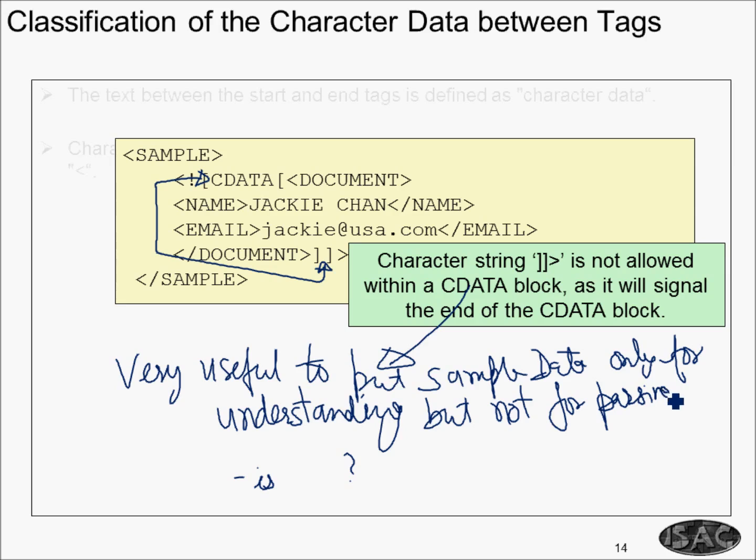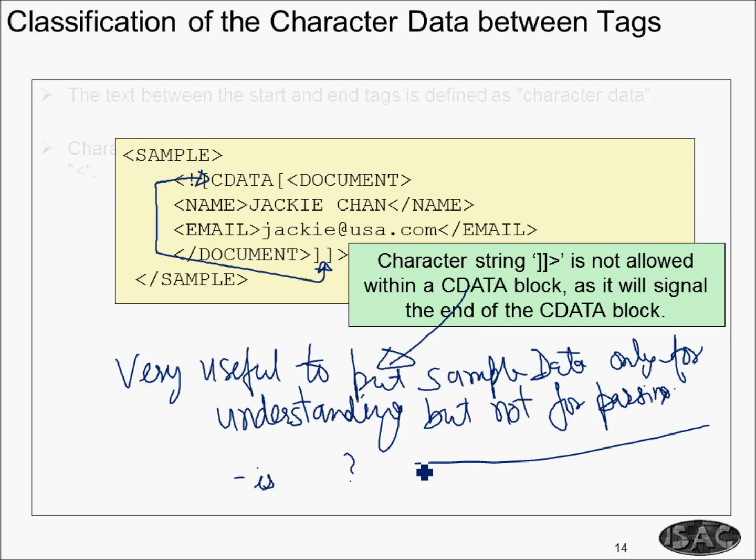So if you want to put in your XML file thousands of details about a book, but you want to put a sample of how book data will look, you can do that using CDATA. That is a very interesting thing about CDATA.